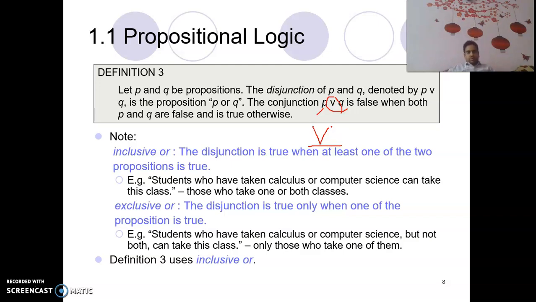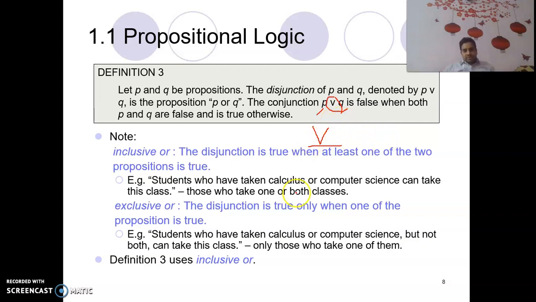Look, the conjunction means if two propositions are being conjuncted, it means if both propositions are true, then the value of p conjunction q will be true.